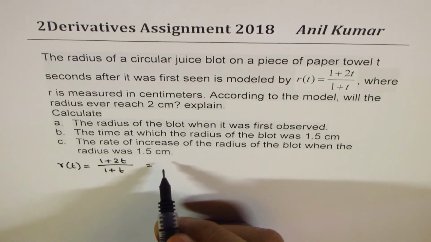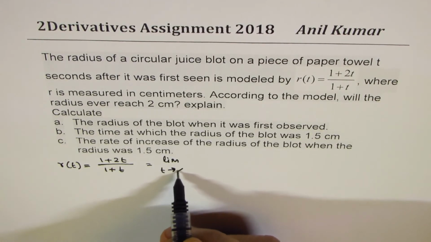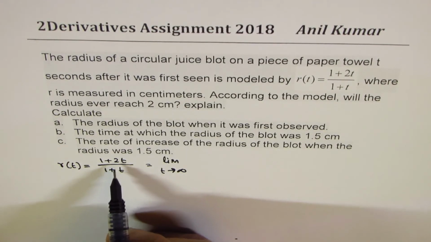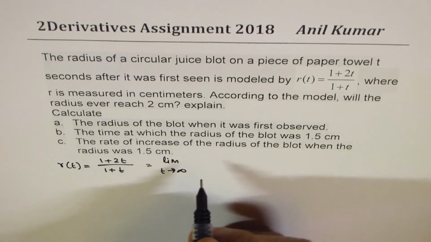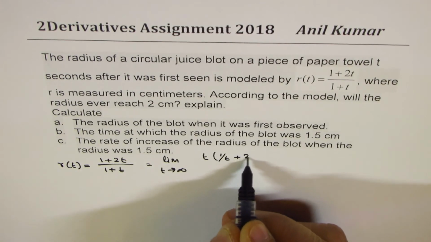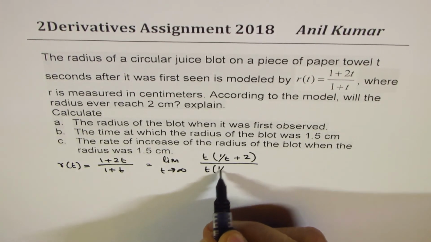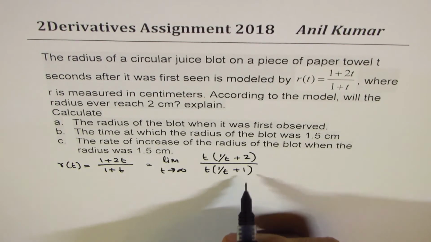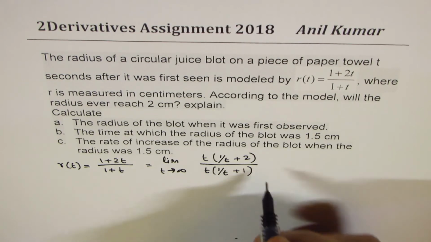Basically we're trying to see the limit of this function as t approaches infinity. Will it ever reach 2? So we can take t common. I get 1 over t plus 2 over 1 over t plus 1. If t is approaching a very large value, then 1 over t is approaching 0.